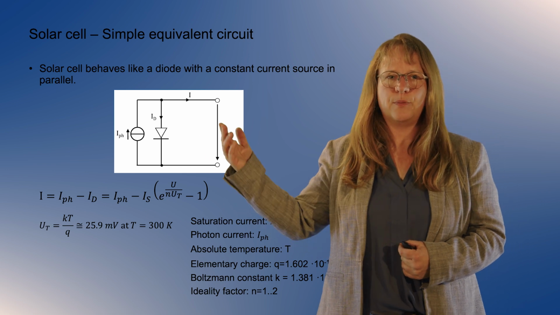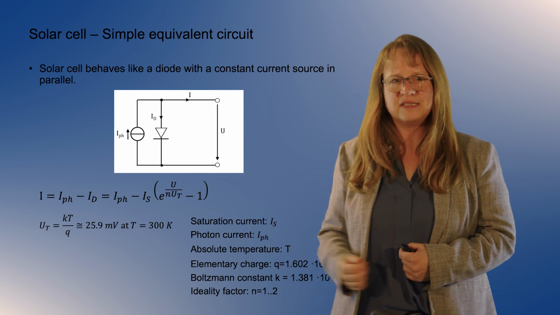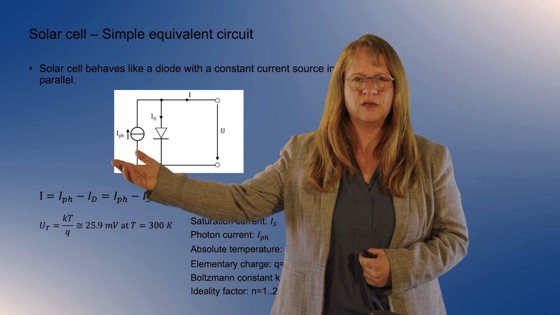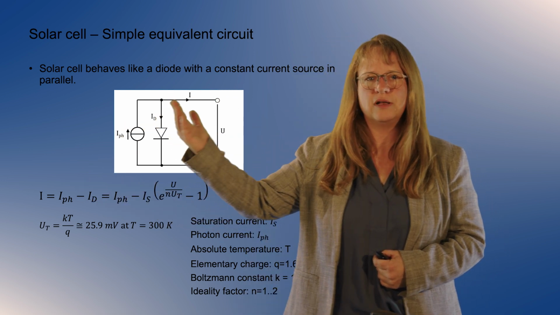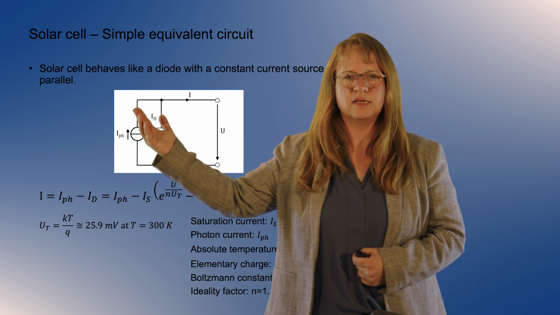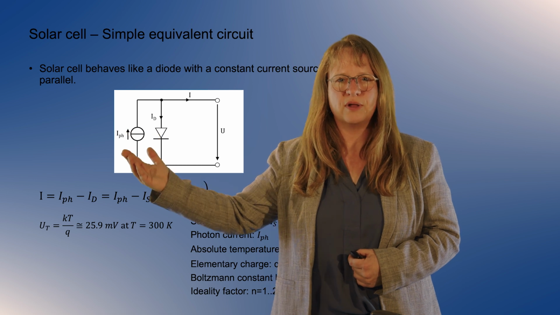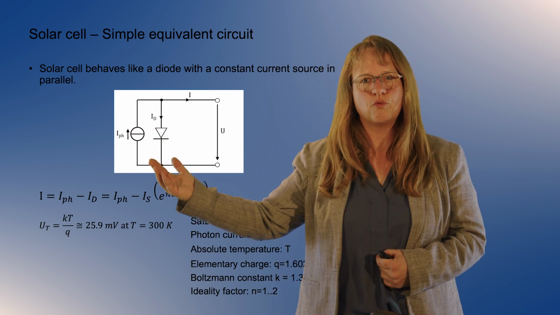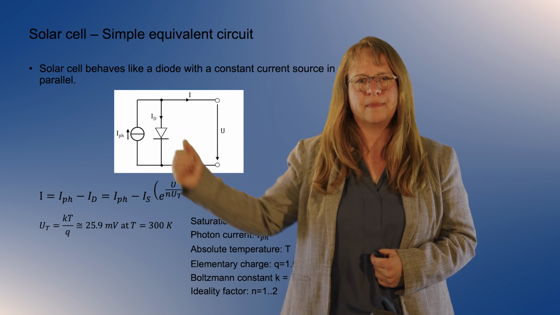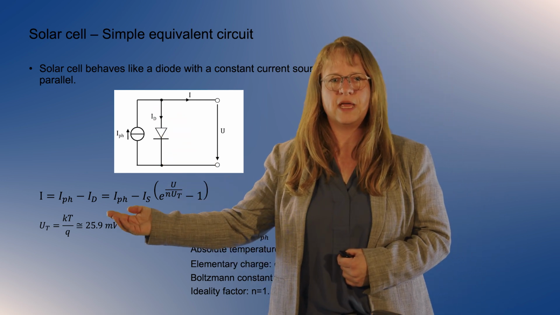If we set up the equation, the total current I that is available externally is the photocurrent I_ph minus the current through the diode.